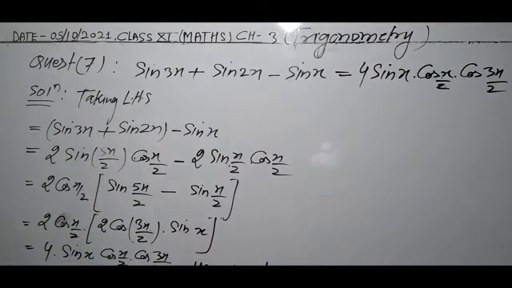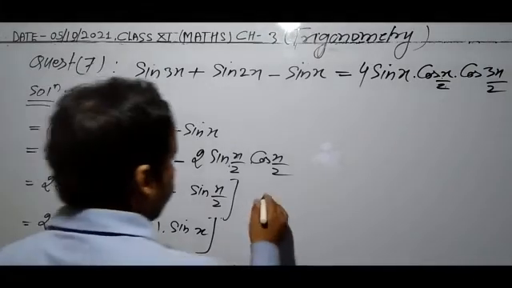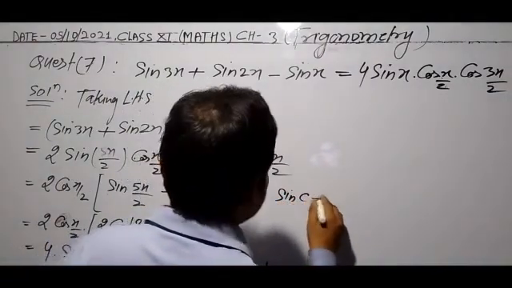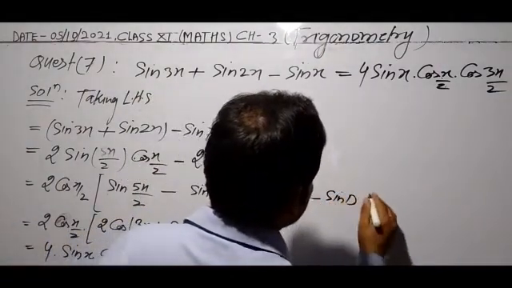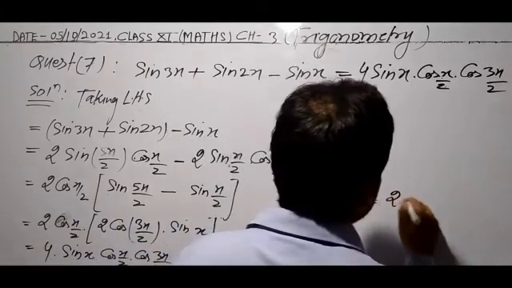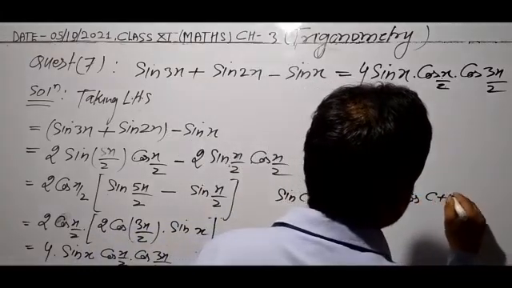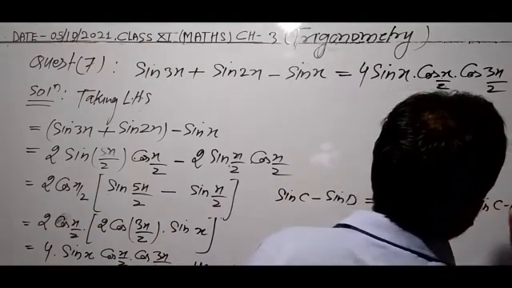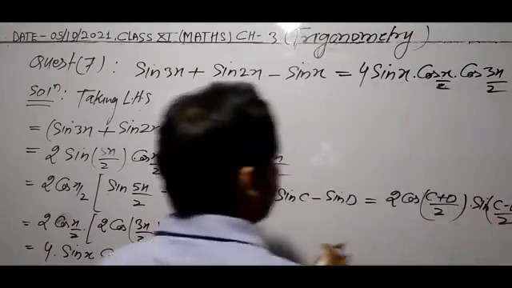Now see, here is the formula used: the sin C minus sin D formula, 2 cos of (C plus D) by 2 into sin of (C minus D) by 2.